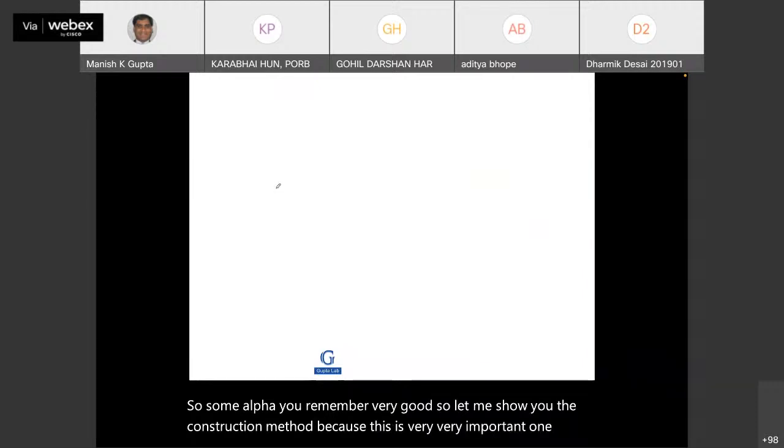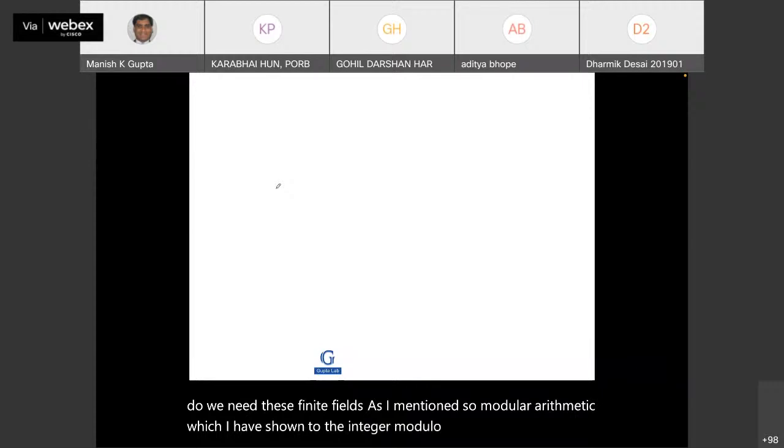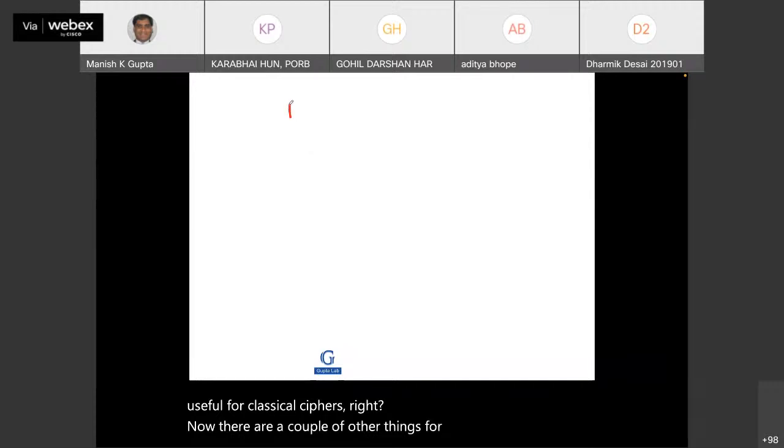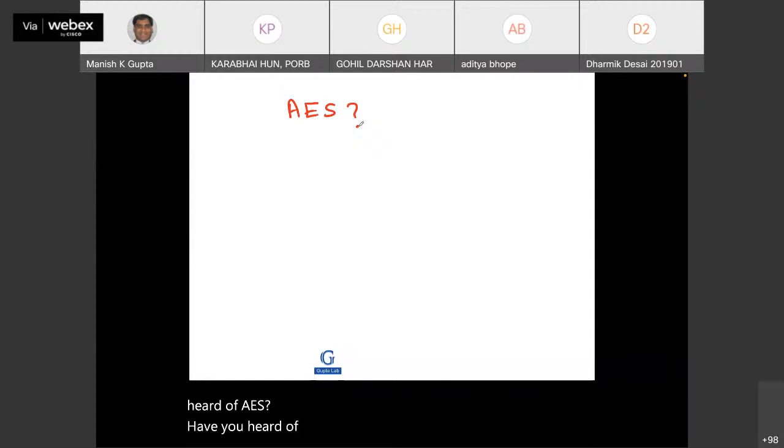Why do we need these finite fields, as I mentioned? So modular arithmetic, which I have shown to you, the integer modulo m, is useful for classical ciphers, right? Now there are a couple of other things. For example, have you heard of AES? No, sir. Advanced Encryption Standard.